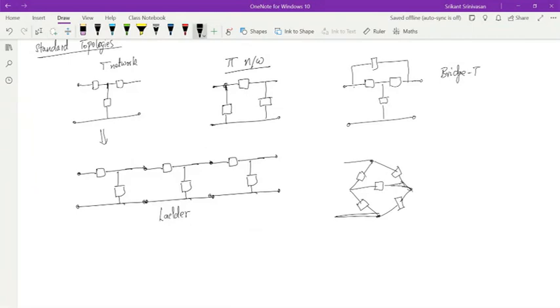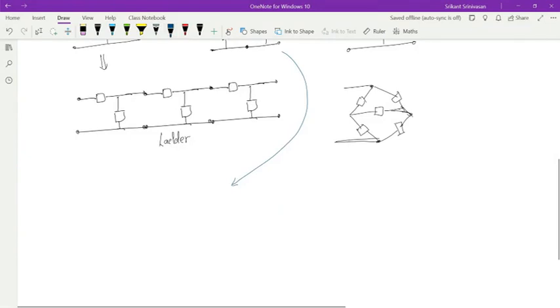Basically, I have one node here because this is the intersection of two elements. I have one node here because it is the intersection of two elements. And what about the bottom? I can take any point as some node. So if I wanted to represent this pi network as a graph, then what is the graph equivalent? I have three nodes.